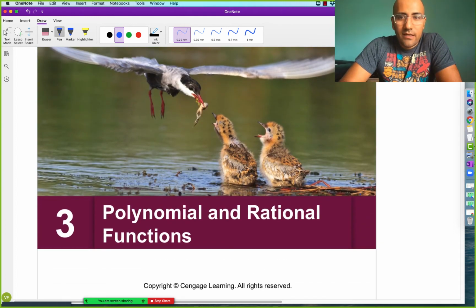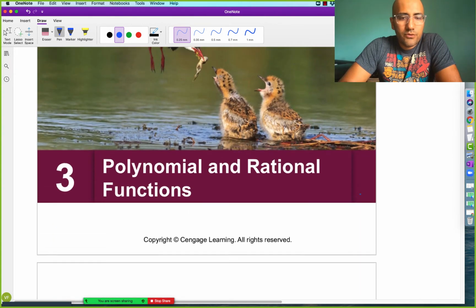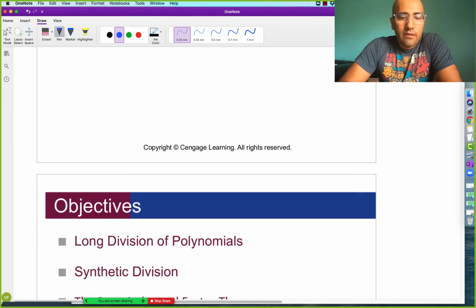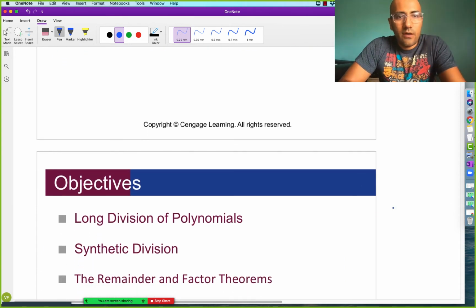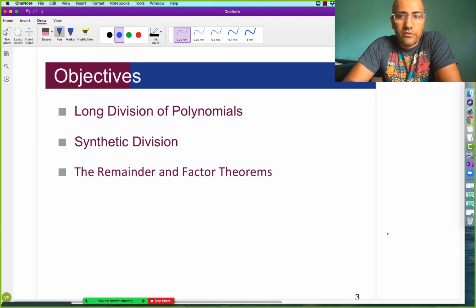Okay. At any rate, moving on. We're going to cover section 3.3 of chapter 3, dividing polynomials. This should be a nice review of old things, I hope. Though I find a lot of people tell me that they've skipped division of polynomials in prior classes, so we'll see. But for most of us, I think it's going to be a nice review.